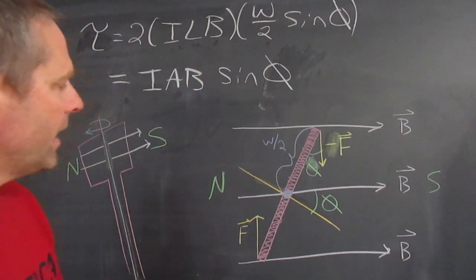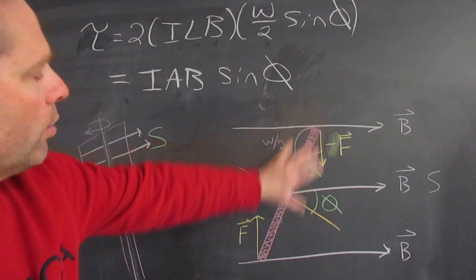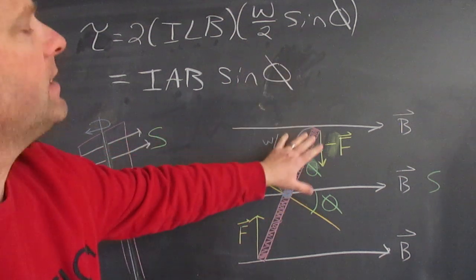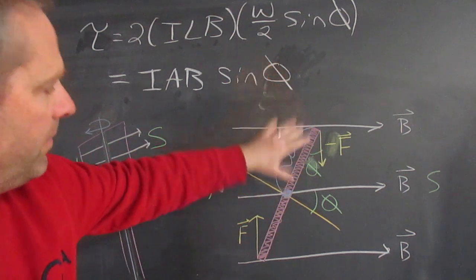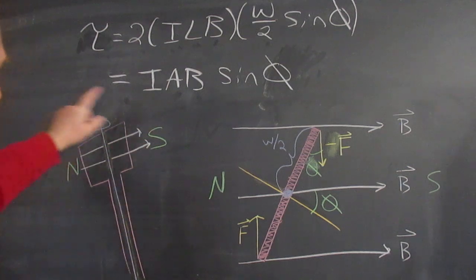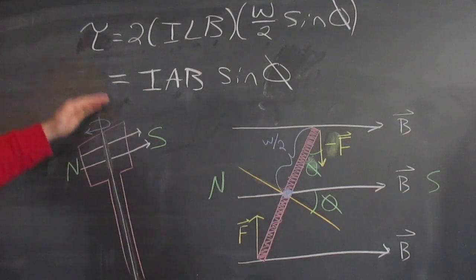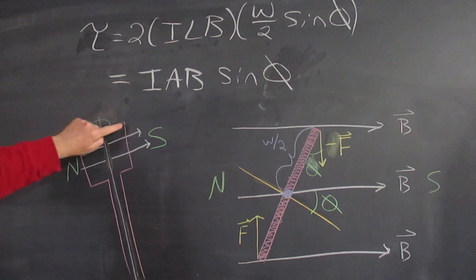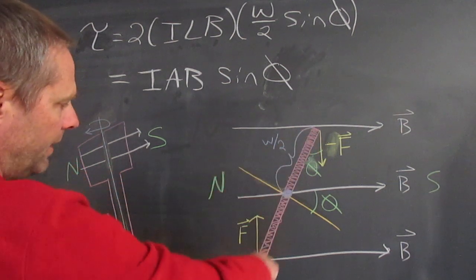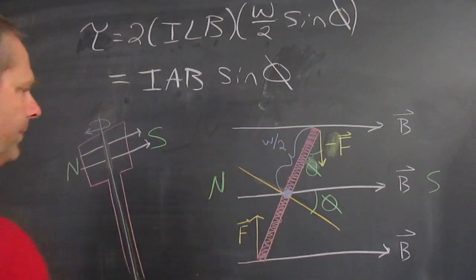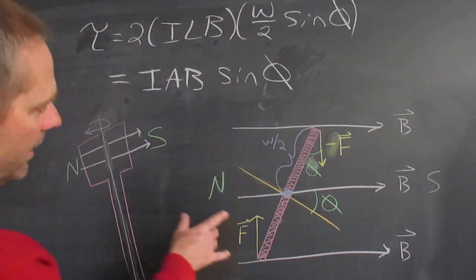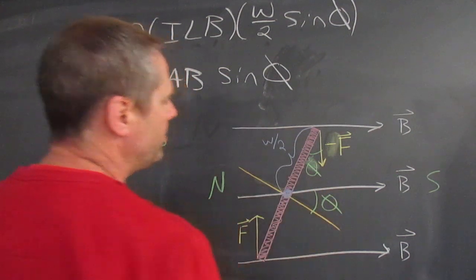What we see here on the right-hand side is a bird's eye view of what's going on over here on the left-hand side. So if we're sitting here on top, this pink line is represented by this pink bar here. Here we have the magnetic field lines, the B lines.